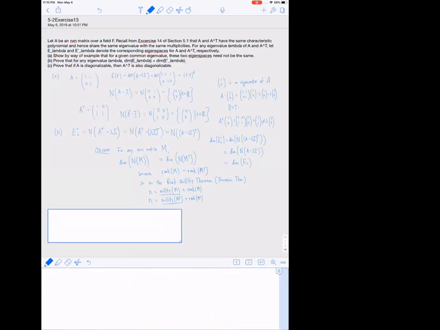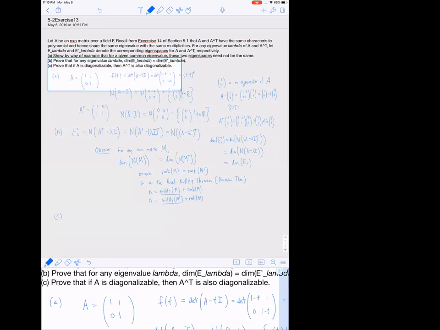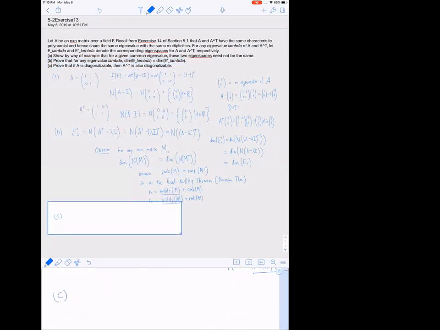So finally, part C is fairly straightforward. Part C wants us to prove that if A is diagonalizable, then A transpose is also diagonalizable. And this is just going to be a direct application of theorem 5.9.